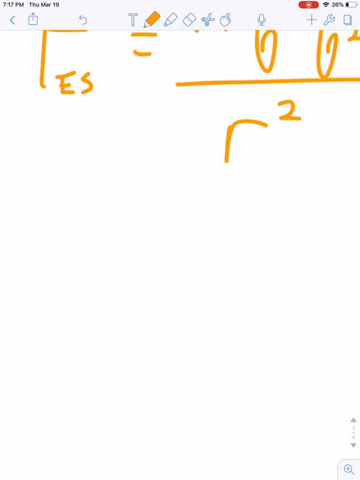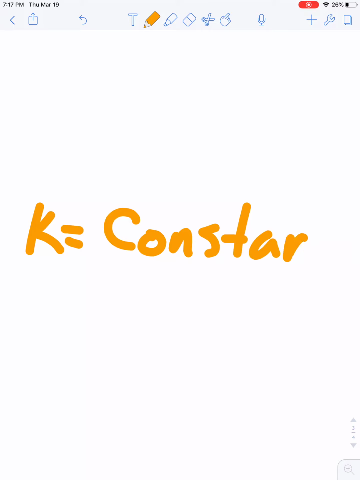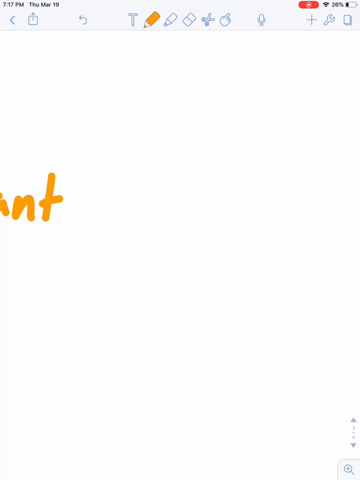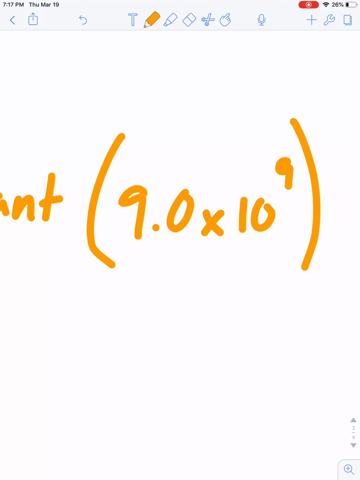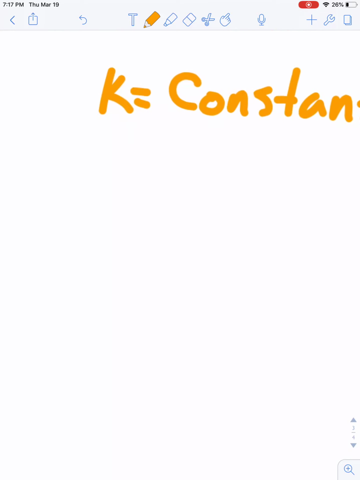So let's go through what each of these guys mean. K is our constant. Our constant's technically 8.999 or something like that, but for the sake of simplicity, we're just going to use 9.0 times 10 to the 9th power. That's going to be K, our constant.